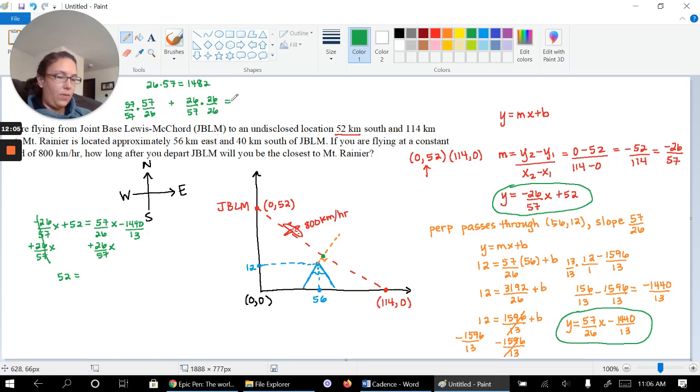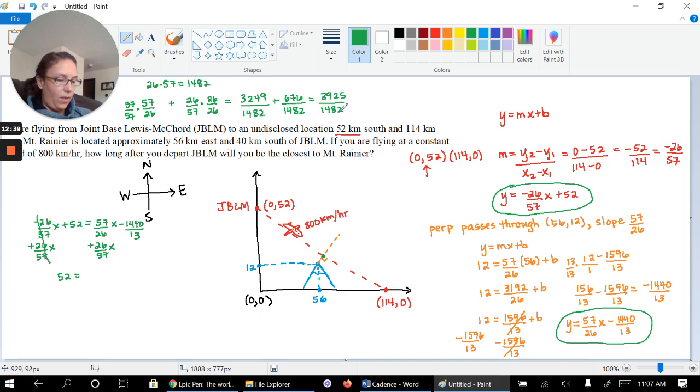So 57 times 57 is 3249, and that's going to be over the common denominator, 1482. And then we're going to add 26 times 26, which is 676, over 1482. So now we add the numerators straight across, and we get 3925 over 1482.